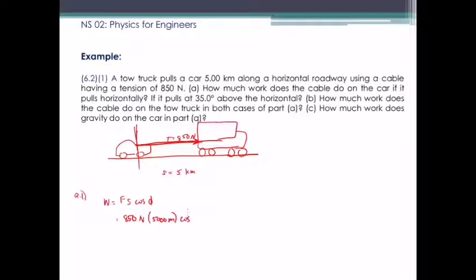Then cosine of phi, your angle here: since it is pulled to the right, the displacement is along the force. So it is parallel, so our phi is 0. Cosine 0 is 1. So that is simply 850 times 5,000. Your answer in newton meters, or joules, is 4.25 times 10 to the power 6 joules.